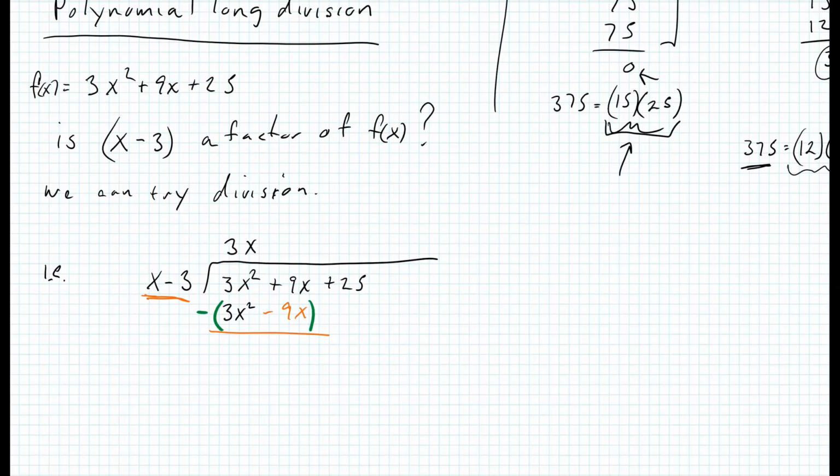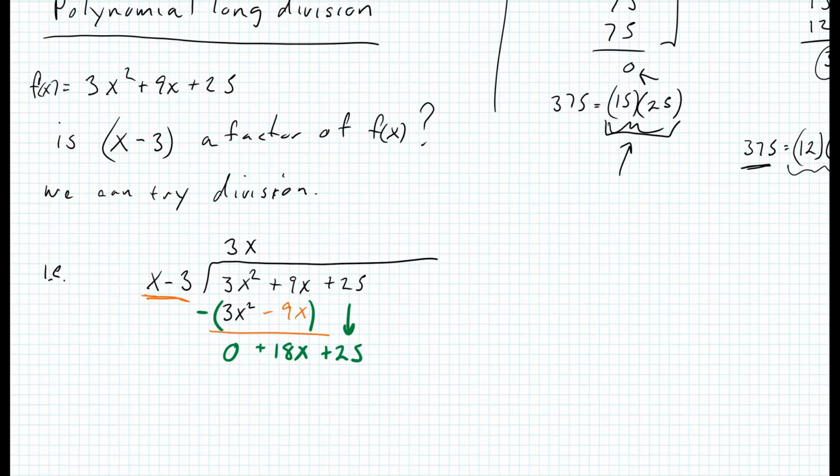So I have 3x squared minus 3x squared, so I get 0. You should always get 0 for your first thing. I have 9x minus a minus 9x, so that's 18x. And then I bring down my next term.